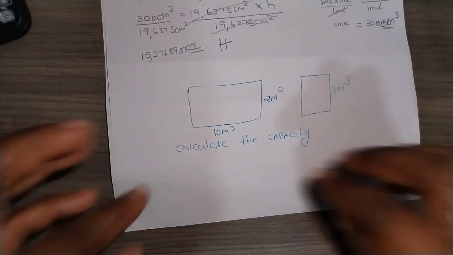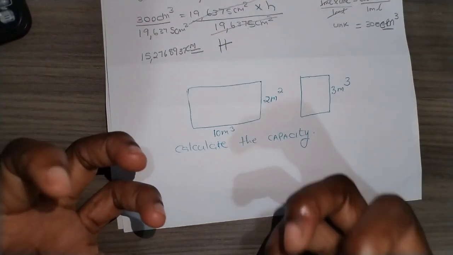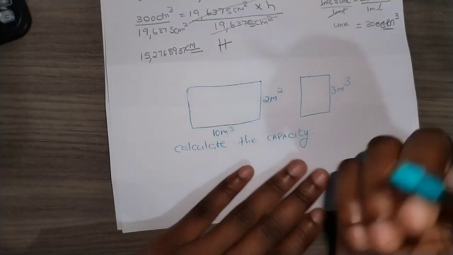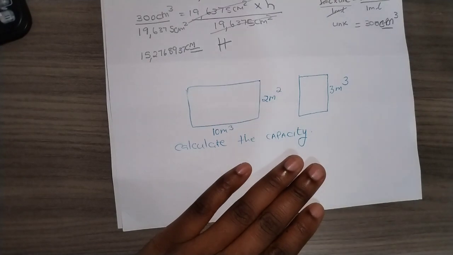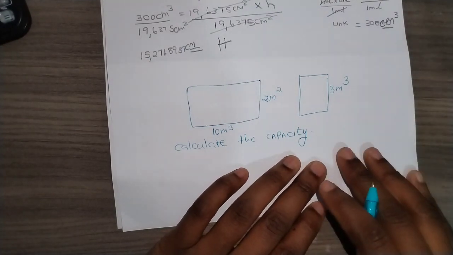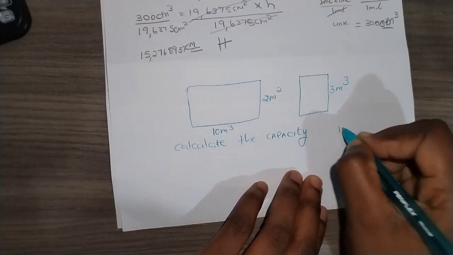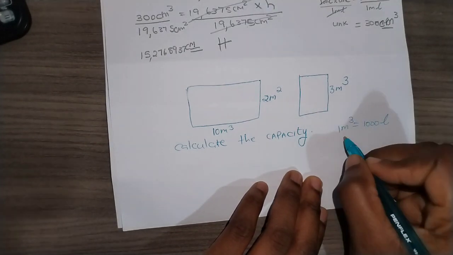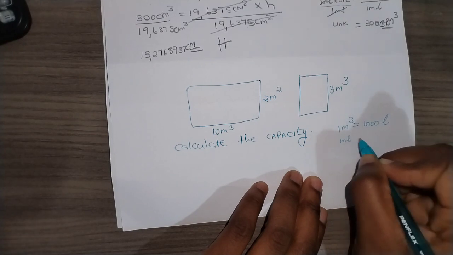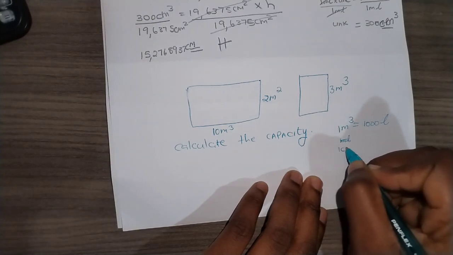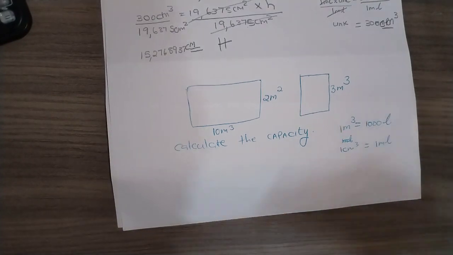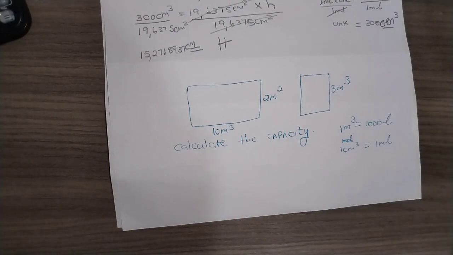Now remember, capacity is what this box can carry, right? And I usually measure it in milliliters, centiliters, and all of that. So what they will do is they will tell you that 1 cubic meter is equal to 1,000 liters, or that 1 cubic centimeter is equal to 1 milliliter. So they will assist you. They will not leave you hanging.